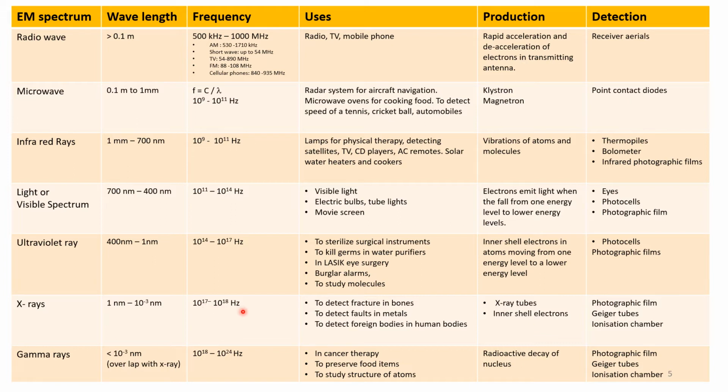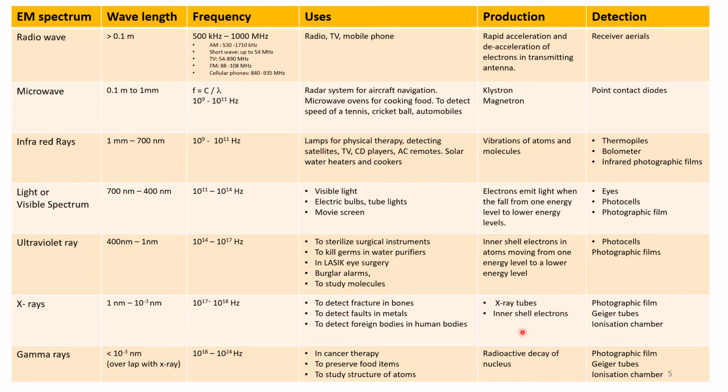X-rays are normally used in medical applications to detect fractures in bones, to detect faults in metals, and to detect foreign bodies in human beings. They are produced by X-ray tubes, and inner shell electrons also produce X-rays when they fall from a higher level to a lower level.